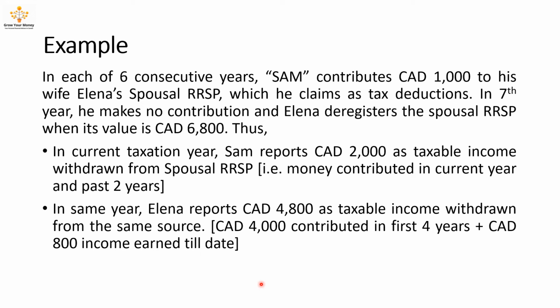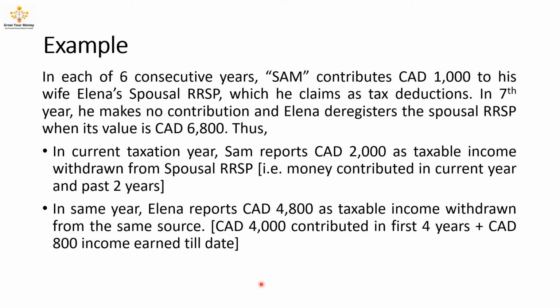In the 7th year, let's say he makes no contribution, and let us assume Elena deregisters the spousal RRSP in the current year, which is the 7th year, say 2022, and the total value of the spousal RRSP in the current year is $6,800. Thus, in the current taxation year, Sam needs to report $2,000 as taxable income withdrawn from the spousal RRSP.